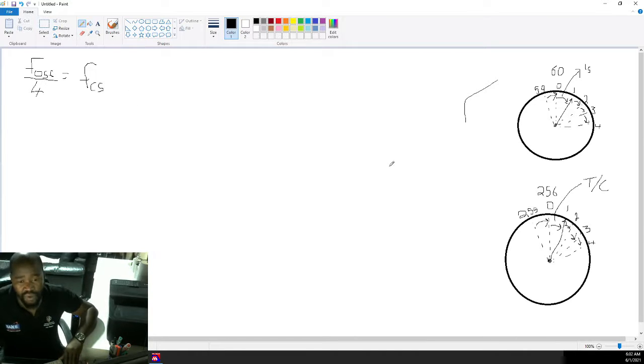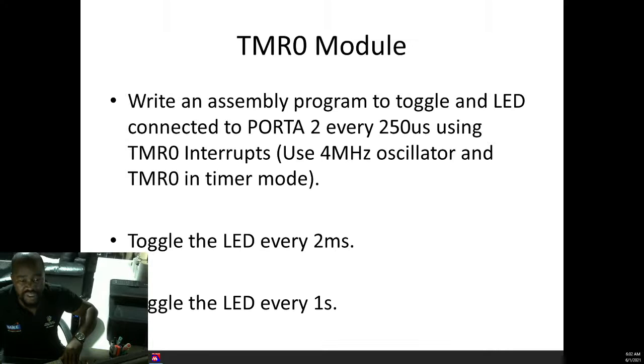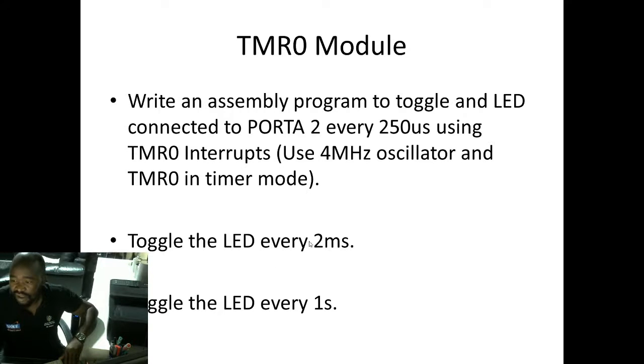Now, the question said we're using a 4 megahertz crystal oscillator, or any form of oscillator, and we're using timer 0 in timer mode. If we're using timer 0 in timer mode, it means the clock source is from that F oscillator divided by 4.